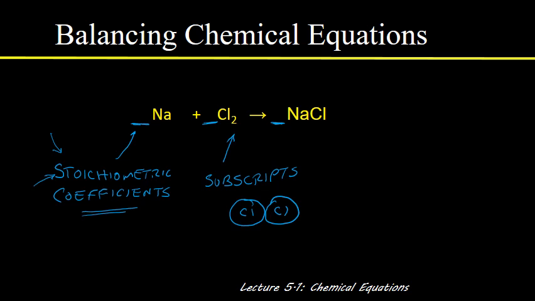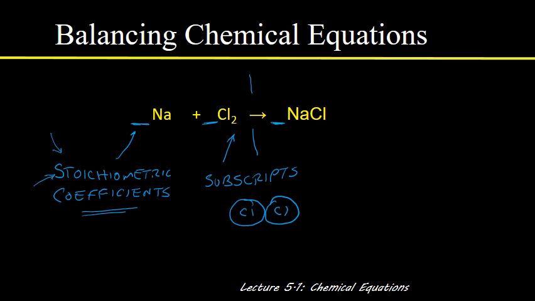All right. So this has to be balanced so that we have the same number of atoms on the product side as we have on the reactant side, because when a reaction happens, we can't create new atoms, right? The number of atoms that we start with has to be the same as the number of atoms that we end with.